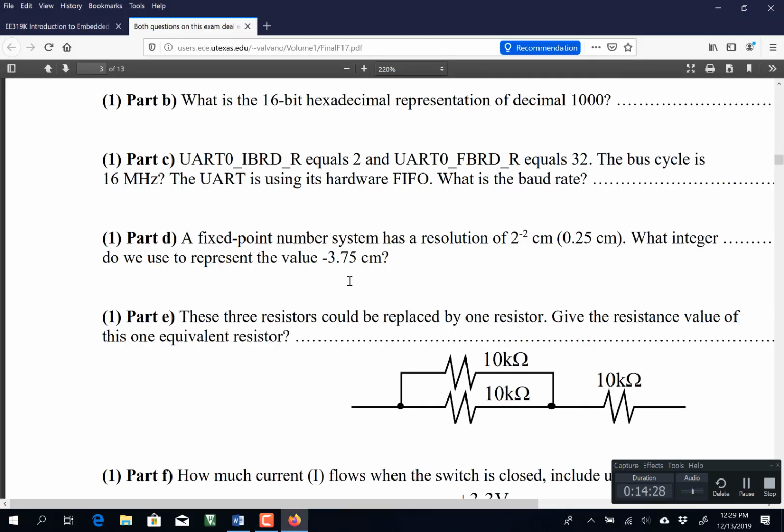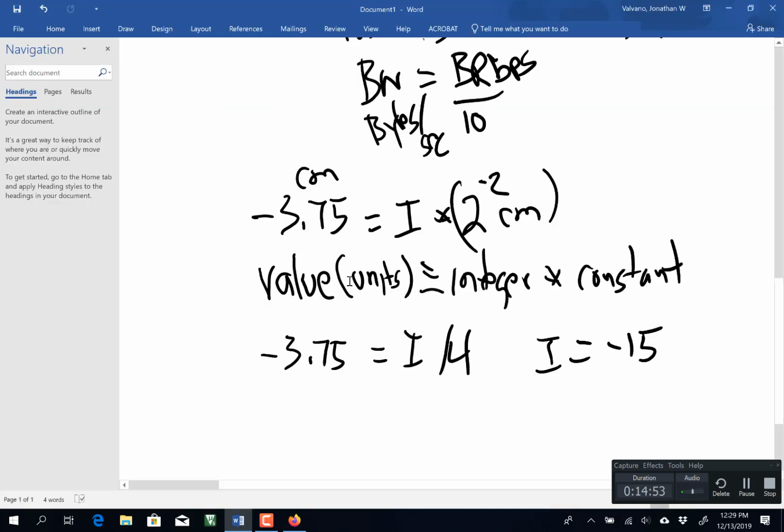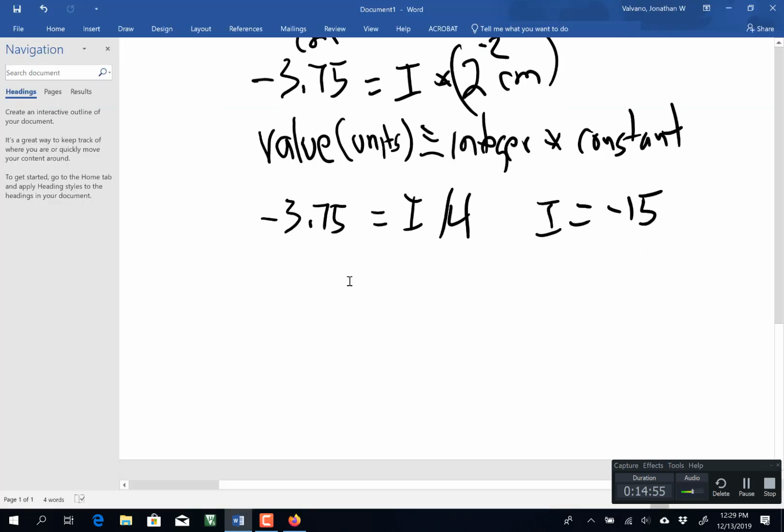Resolution. Now I could ask a harder question. What if I wanted to represent minus 3.5 centimeters using binary fixed point? If I use binary, that's a harder question. What I would do in my mind is ask, what are my choices here?